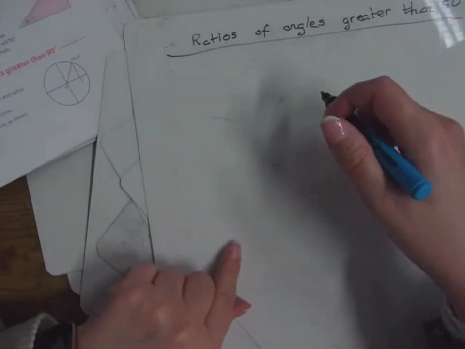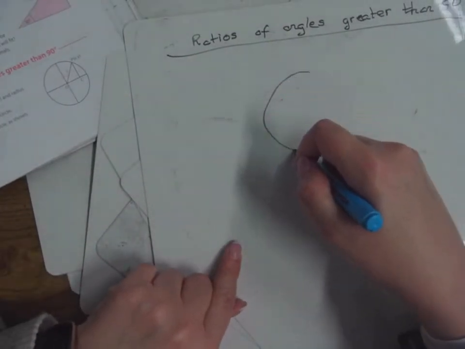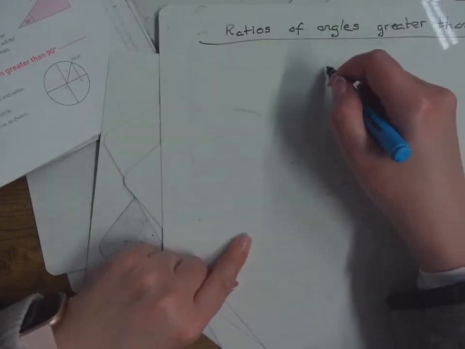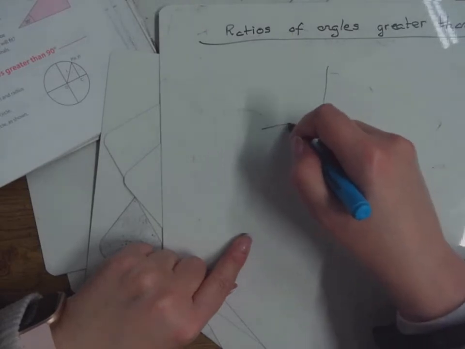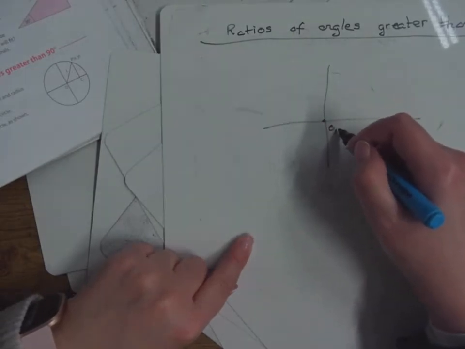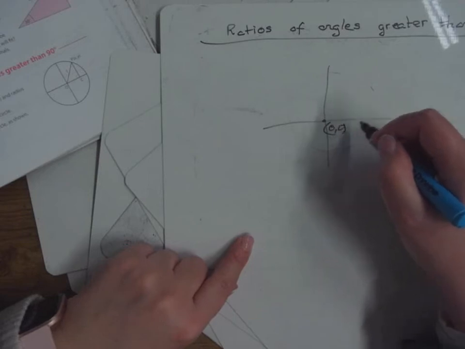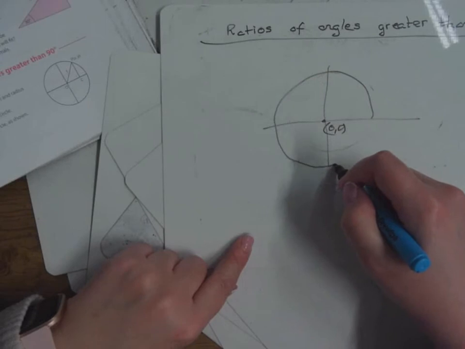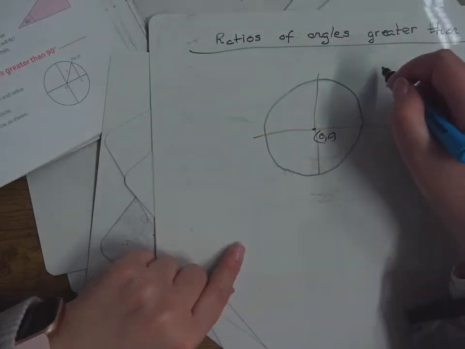So in the unit circle, first off, what is the unit circle? Here I have my grid. This is 0, 0. A unit circle, girls, has a radius of 1. So this is the unit circle.